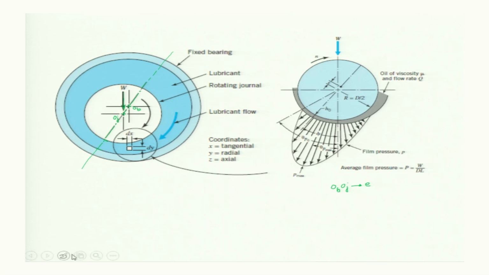This is called h0, the minimum film thickness, and that is shown here also: the minimum film thickness along the line of centers.